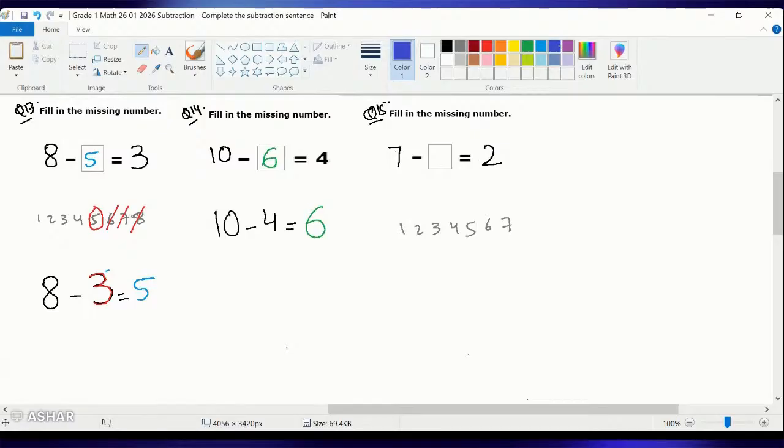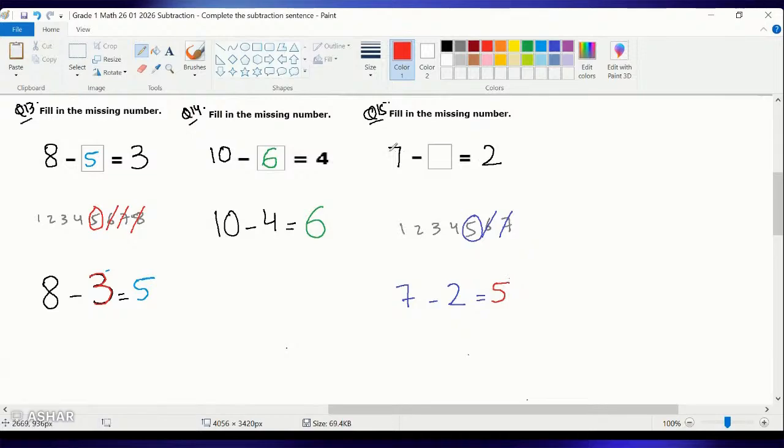And the reverse statement would be 7 minus 2 should be equal to the answer. So from 7, if we remove 2 numbers, we would be left with a 5. 7 minus 2 is 5.